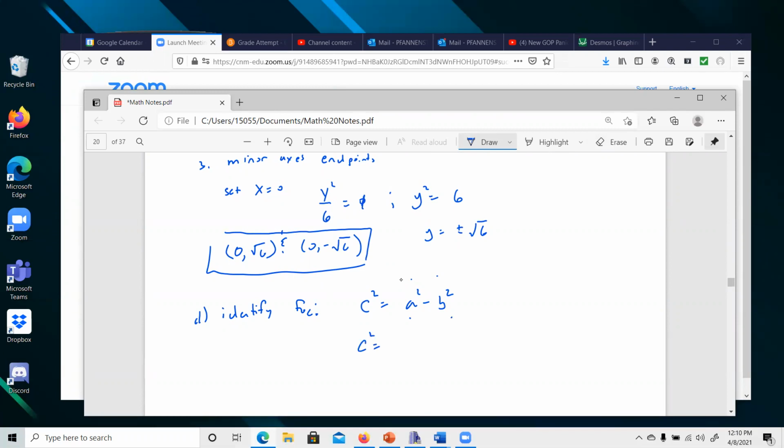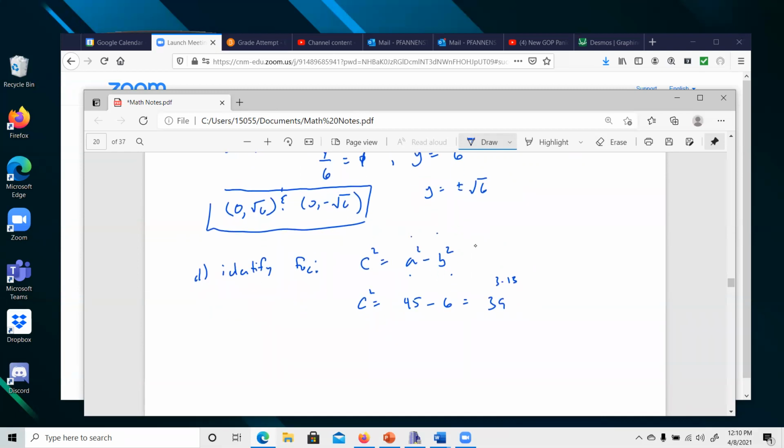So c squared is equal to 45 minus 6, which I believe is 39. That's 3 times 13, so that is not going to be a very nice square root. So c is equal to plus or minus root 39 from the center. It's always good to put that in there.